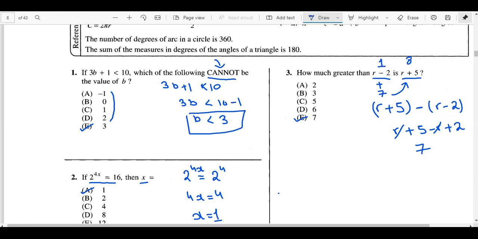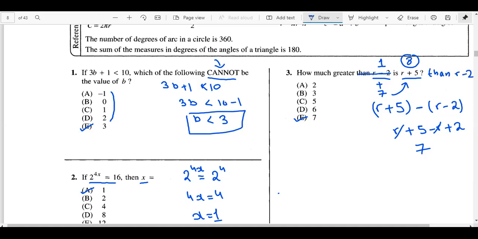Let's say you have any two numbers, and you need to find how much greater than 1 is 8. Basically 8 is the greater number. You need to find how much greater 8 is. Now read the statement: how much greater is r plus 5 than r minus 2?